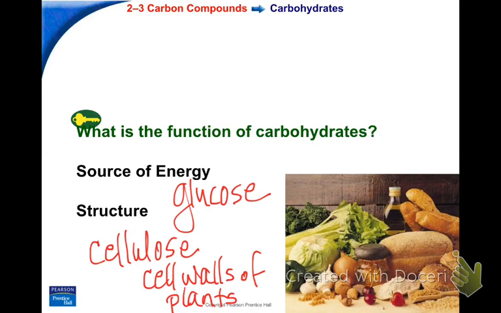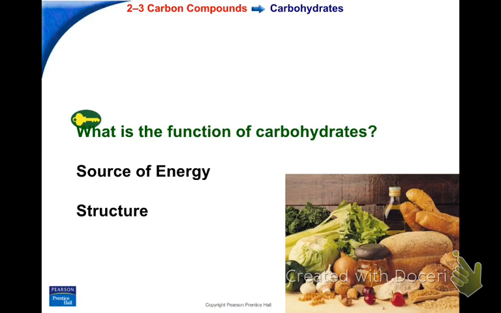And our digestive system, we can't break down cellulose. So this is what becomes fiber or roughage in our diet. This is why when you eat a whole bunch of corn, it goes in and comes out looking about the same. It does.